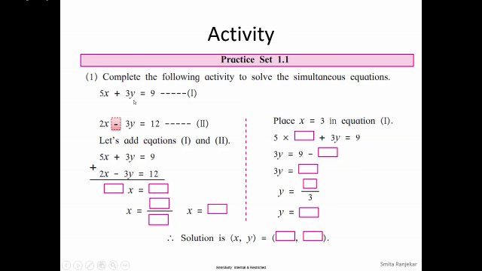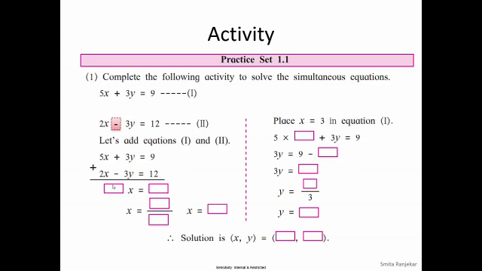Here, if you will observe, coefficient of y is plus 3 and in equation second it is minus 3. So we have to do the addition. So 5x plus 2x, that is 7x, is equal to 21. So x is equal to 21 upon 7.